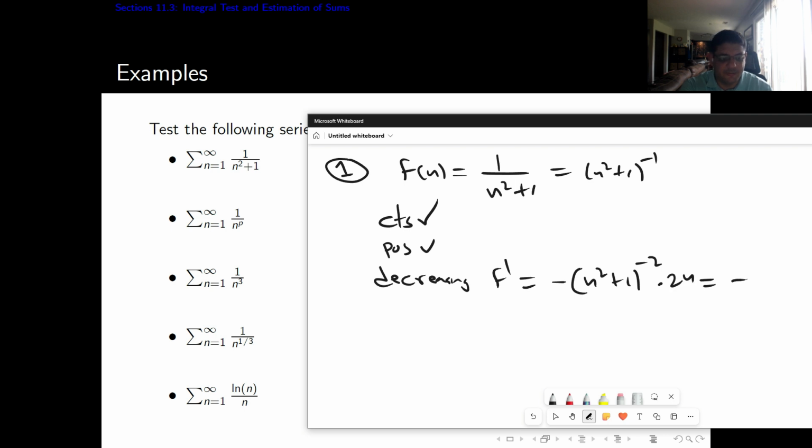So at the end, this is minus 2x over (x squared plus 1) squared. And because x is bigger than 1, f prime is going to be negative. So we're using the first derivative criterion for this, and f prime being negative implies that f is decreasing.